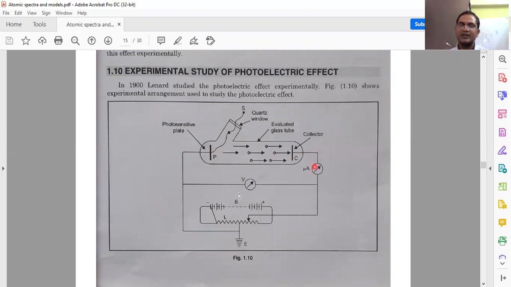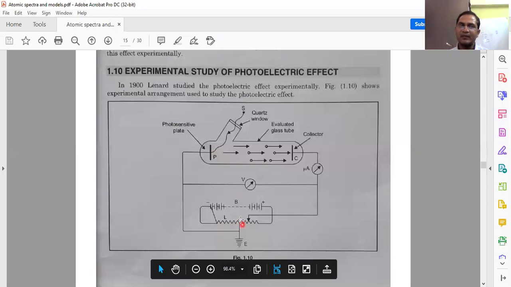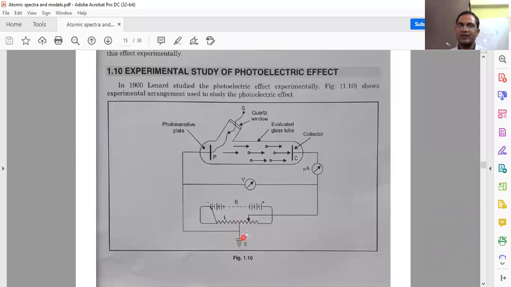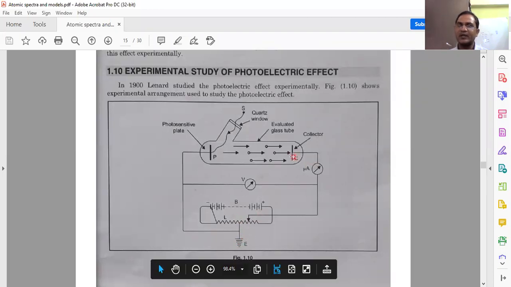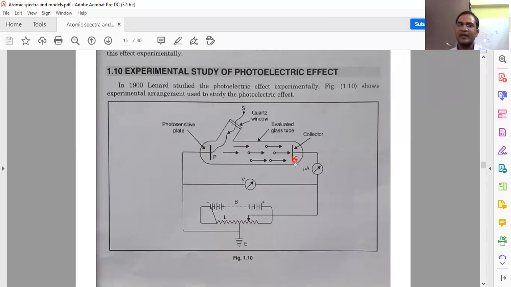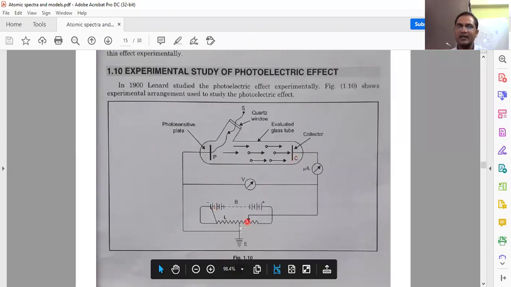The high tension battery is grounded at the midpoint. With this arrangement, we can maintain the collector at a desired negative or positive potential. That is the purpose of this arrangement.